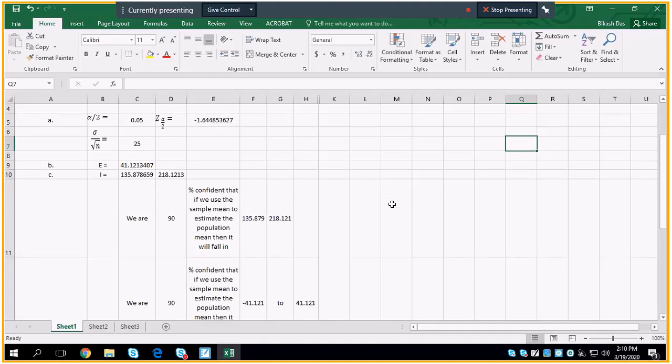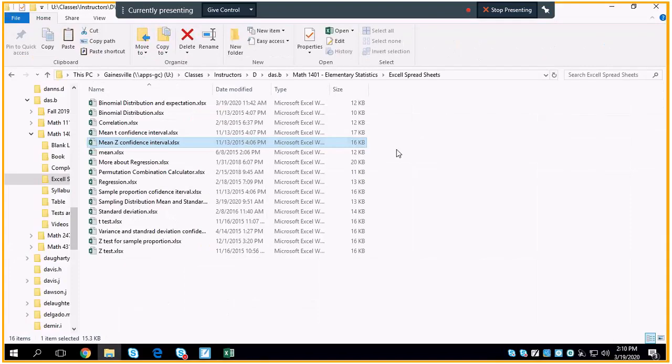So if I look at the Z alpha over 2, it has given me the value negative 1.644853627. I will just use this number rounded to 2 decimal places, but I will write the positive number. So it will be 1.64. So that's first answer, Z alpha over 2 and sigma over square root of n.